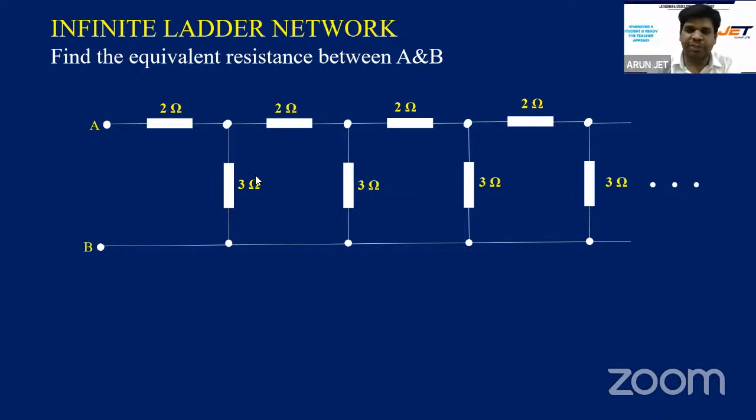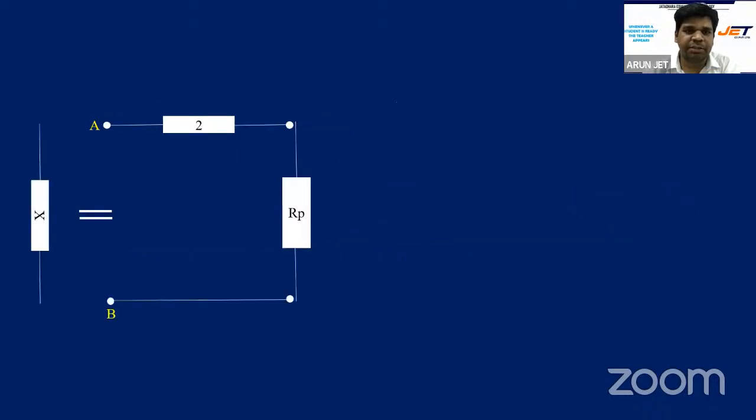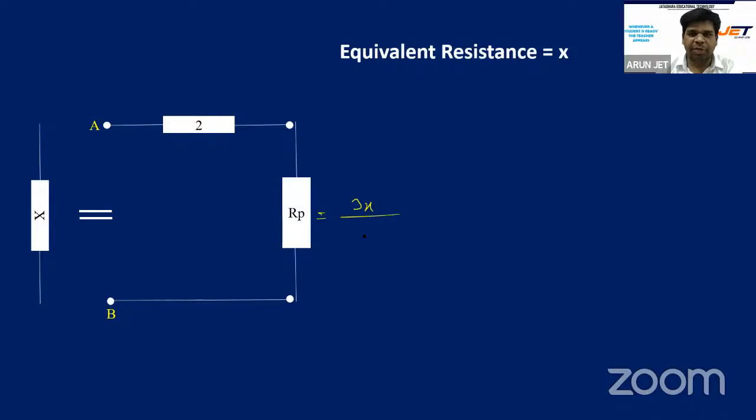All right, so now in this case as well, what we do is let the equivalent resistance between A and B be X, and RP is equal to R1 R2 by R1 plus R2, 3x by x plus 3.